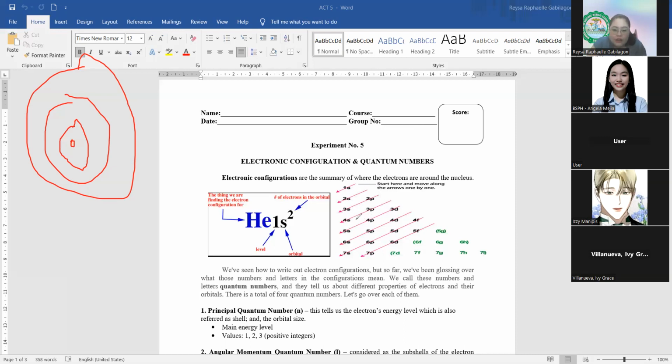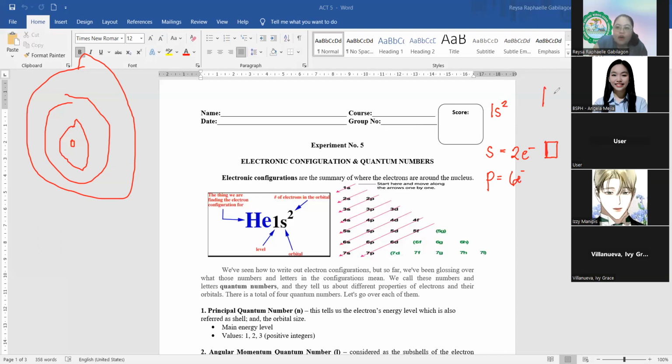For the electron configuration, please take note that an S subshell can accommodate 2 electrons. Okay? Hanggang 2 electrons. Kaya hanggang 1S2 lang talaga yan siya. Now, the P subshell can accommodate 6 electrons. So, the reason for that actually, kasi sa S na subshell, meron lang kasi siyang isang orbital.